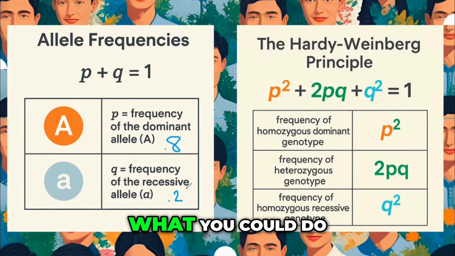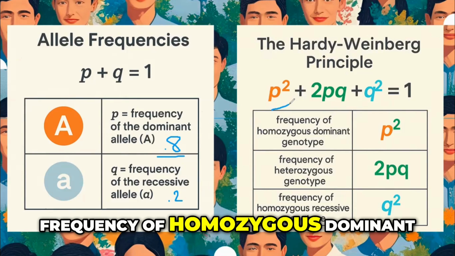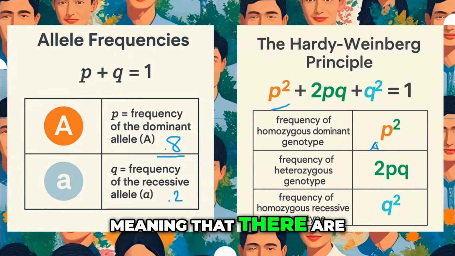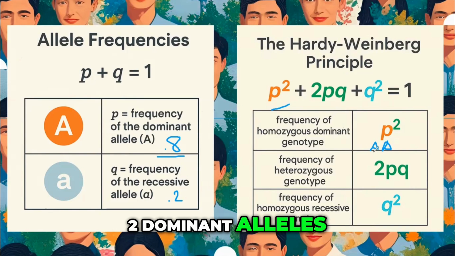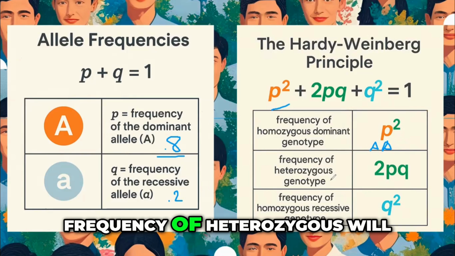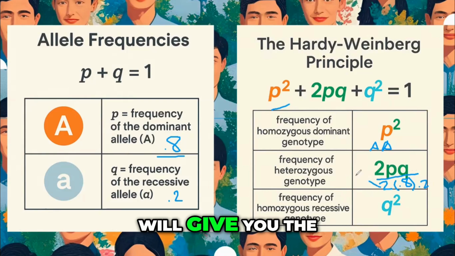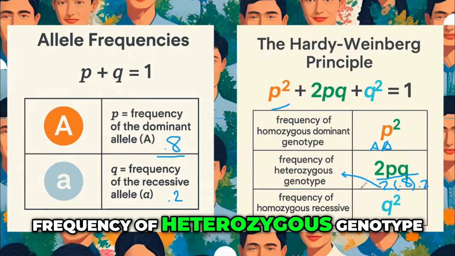And essentially, with just this one number, you can calculate the frequency of homozygous dominant, meaning that there are 2 dominant alleles, so capital A, and that'll give you P squared. Frequency of heterozygous will be 2PQ, so you take 2 times 0.8 times your Q, which is 0.2. That value alone will give you the frequency of heterozygous genotype.